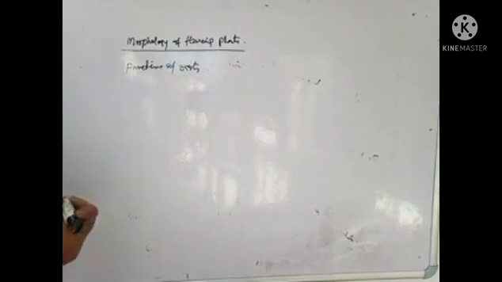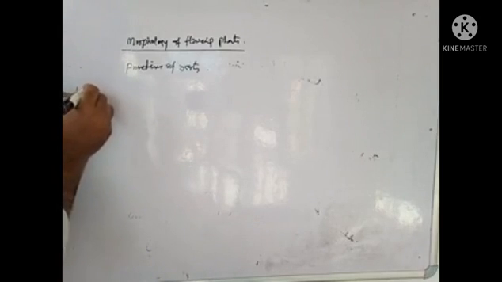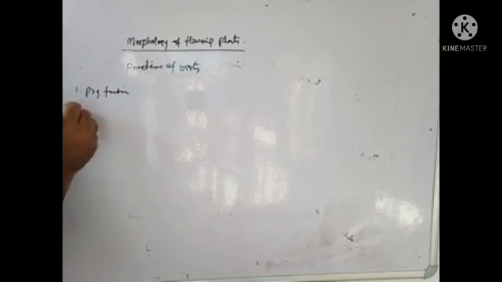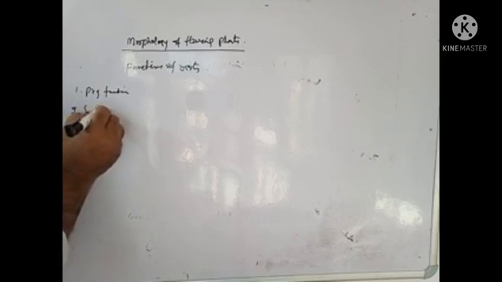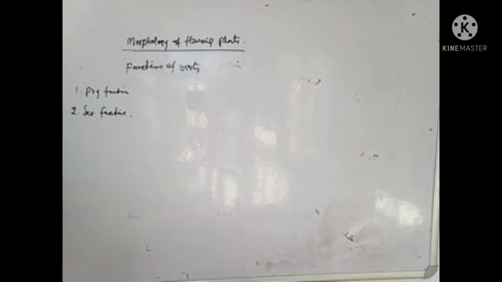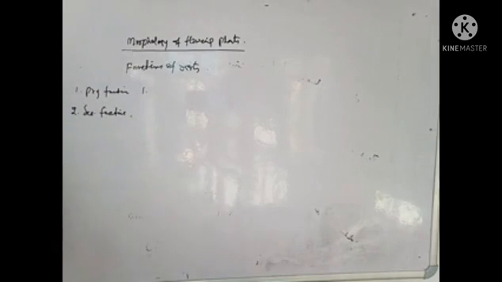Two types of functions: primary functions and secondary functions. Primary functions are the functions for which root is present in a plant. For two purposes root is present in a plant.